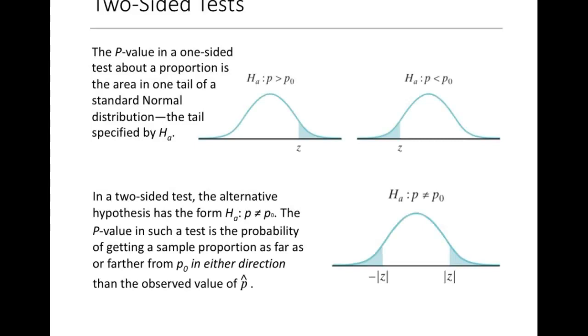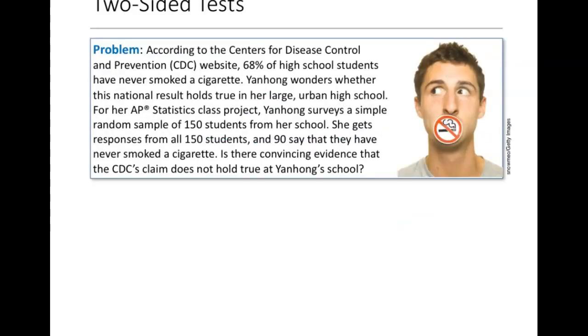So let's talk about a two-sided test. And we're just going to do another problem. We'll do it all the way through. So according to the CDC website, 68% of high school students have never smoked a cigarette. Yan Hong wonders whether this national result holds true in her large urban high school.